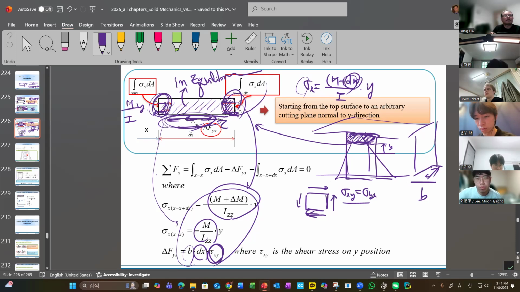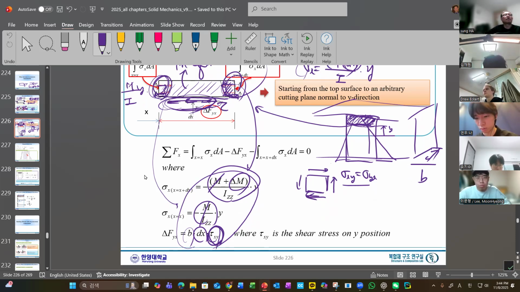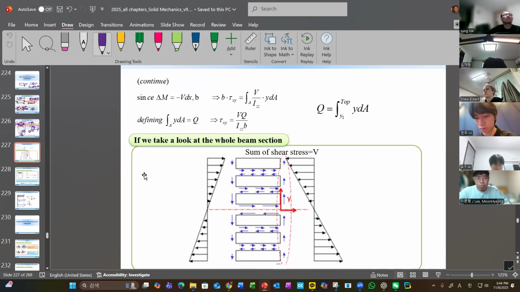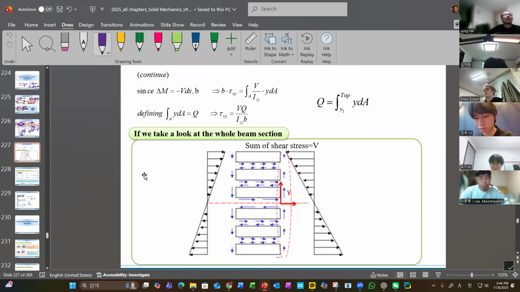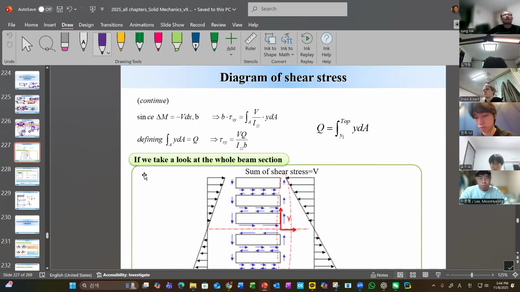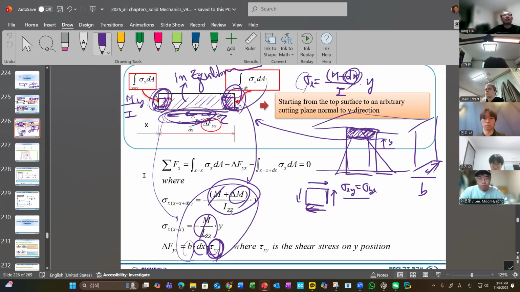So as you can imagine, this moment and this moment disappear, and this moment increment will be the same as this one. That has to be, equation-wise. So the next one is like this. One other point here is the dM. Well, we know that dM is what?